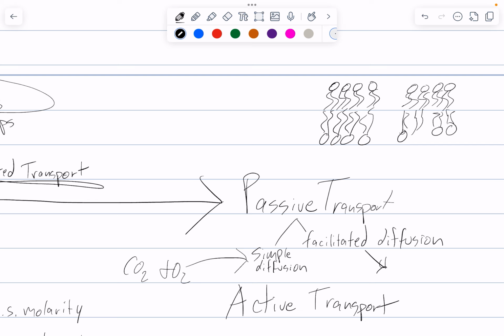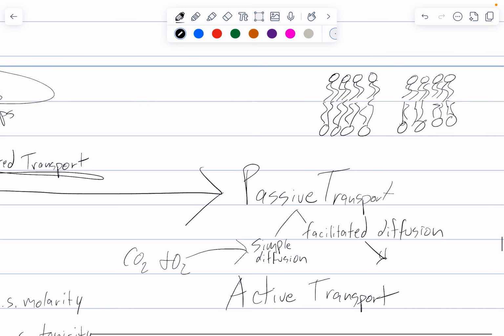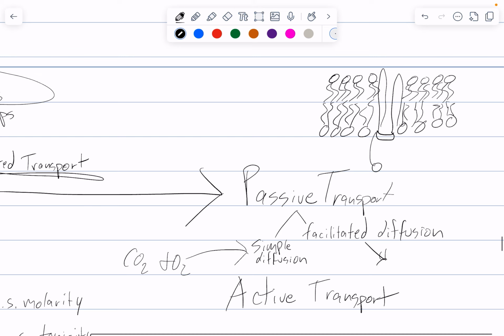And one of these channels is called a voltage-gated channel. So there is an activation gate, which is this, and then an inactivation gate.